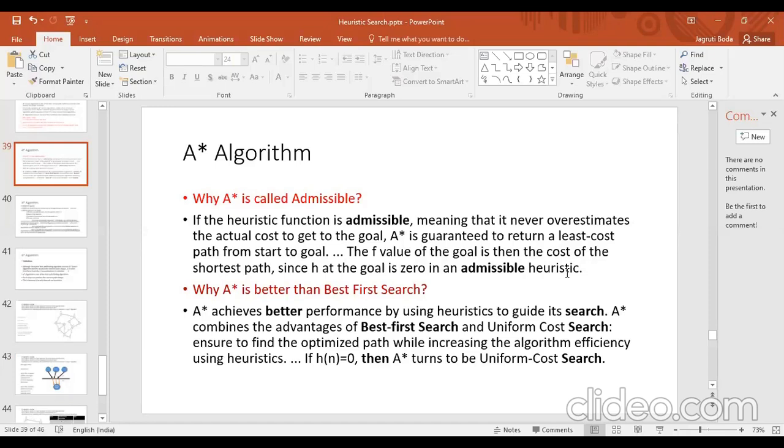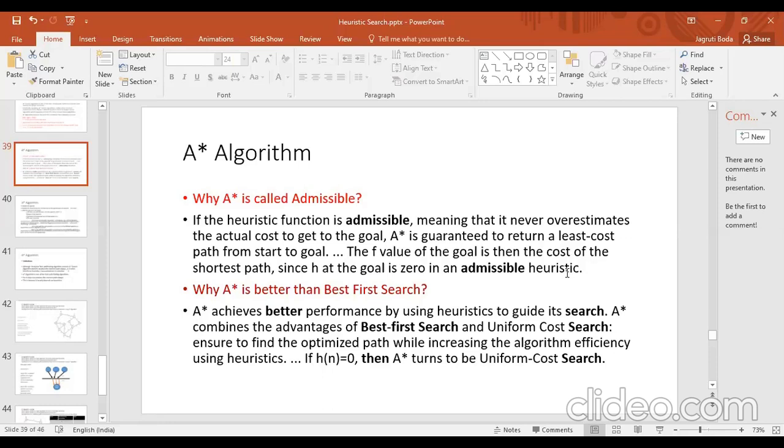And the second one is why A-star is better than BFS. We saw the previous algorithm, that is best first search. A-star achieves better performance by using heuristic to guide its search. So A-star combines the advantages of best first search and uniform cost search. Uniform cost search provides the minimum cost to reach our goal state, right?